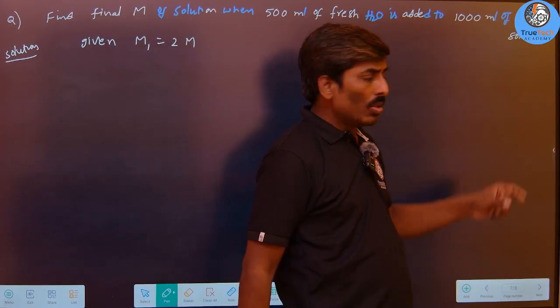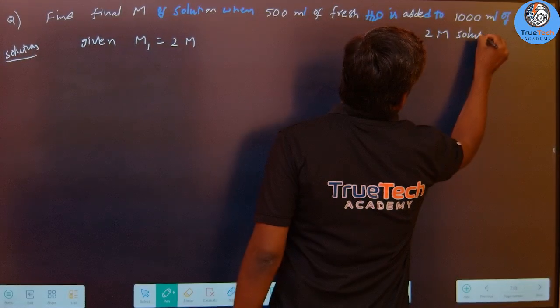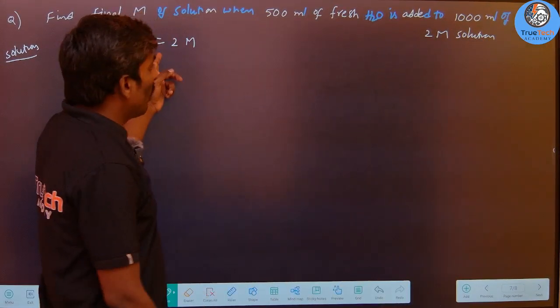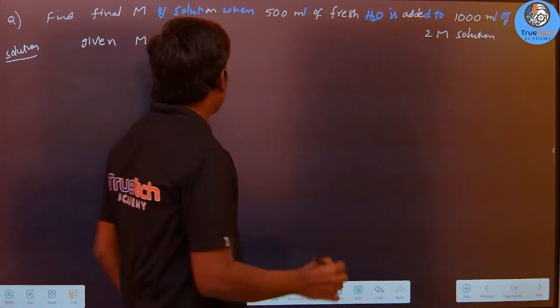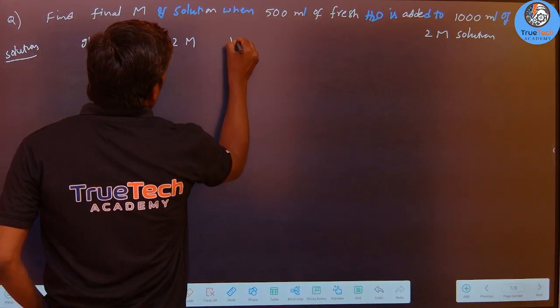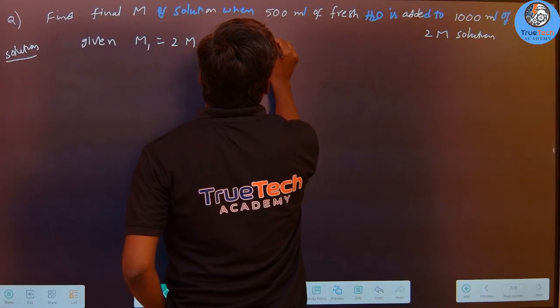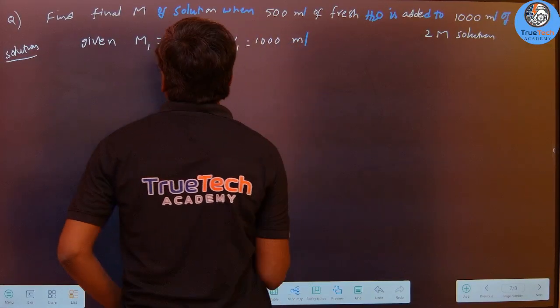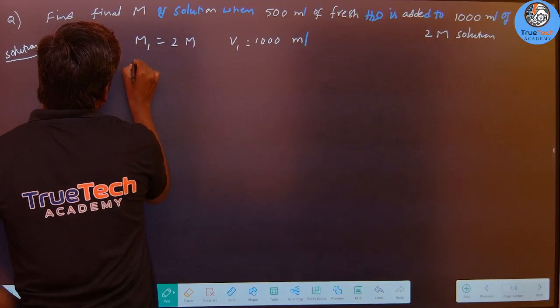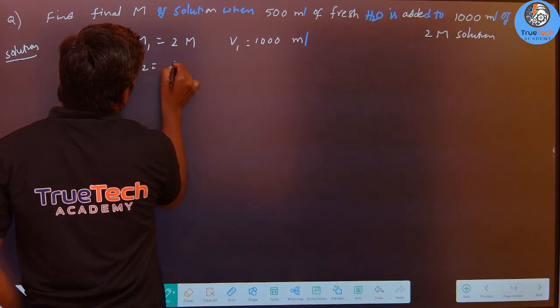So initially M1 is 2 molar. Similarly, what is V1 initially? 1000 ml. Now they are asking to find the molarity M2.